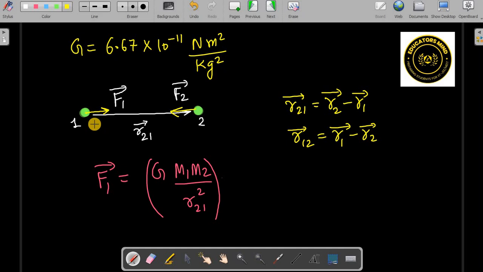F1 is going in the direction from 1 to 2. For the unit vector, that means it is R21 cap you can multiply. So that is R21 cap.